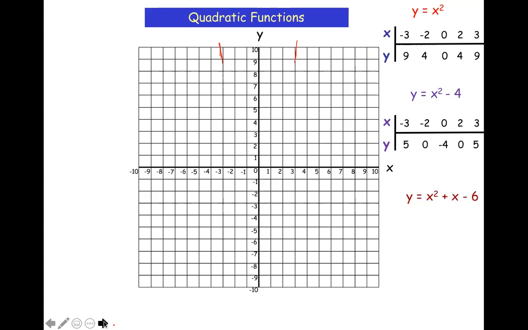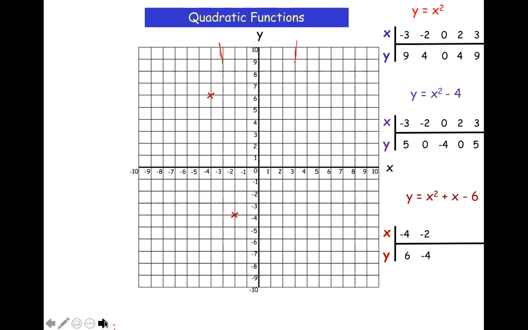This time we've got x squared plus x minus 6. Let's put a few points. -4 squared, 16. 16 minus 4 is 12. 12 minus 6 is 6. Put the first point, -2.